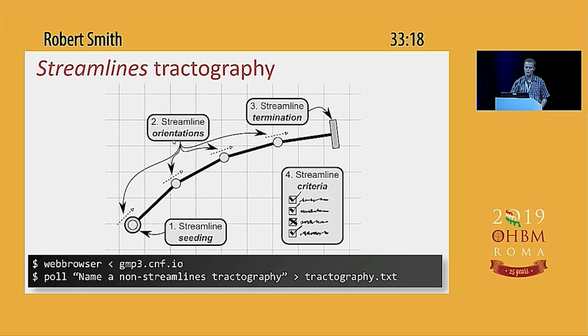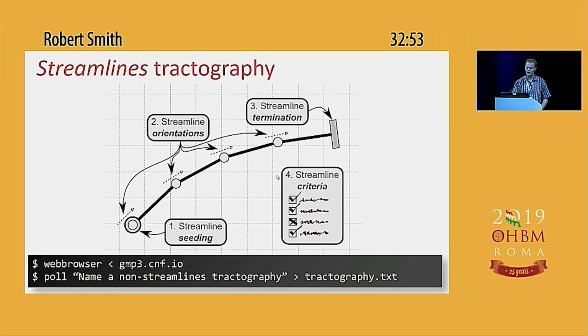The second step would be determining the appropriate orientations in which to propagate that streamline, and obviously this is done independently for each step as you generate that streamline. The third step would be streamline termination, so determining for a particular point in space whether the streamline should continue to be propagated or whether it should be terminated at that point.